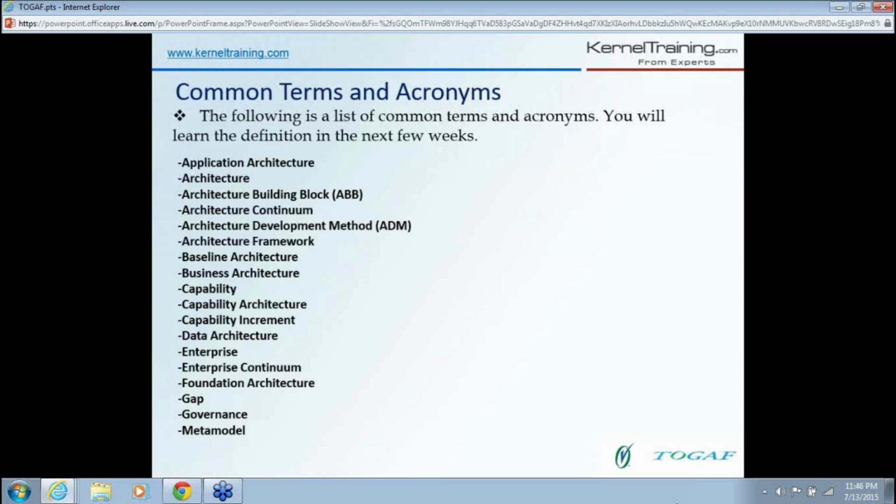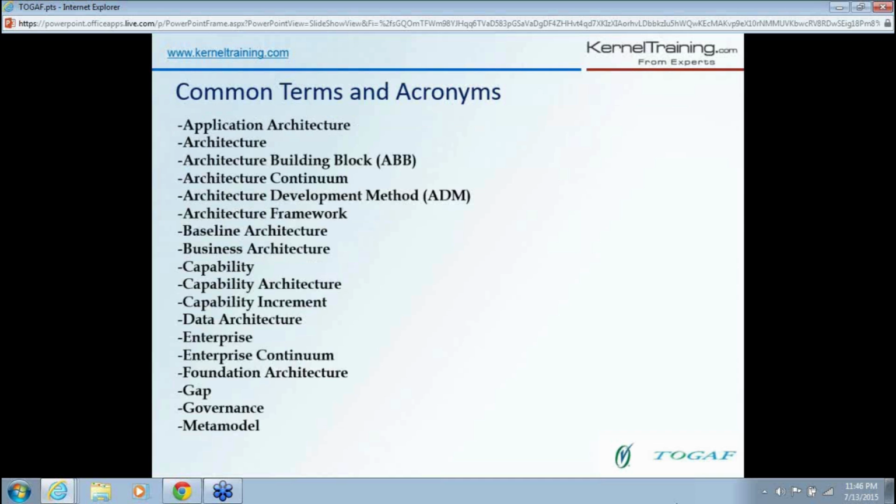And then you have the architecture framework, the baseline framework, the business architectures, the capability architectures, the data architectures, the enterprise continuum, the foundation architecture. We will go into the details of these, but I just wanted to put a slide together to see what all the acronyms are that we would use today in TOGAF.